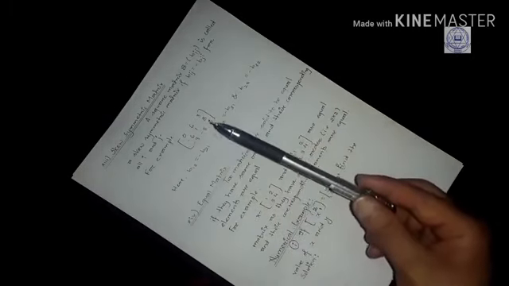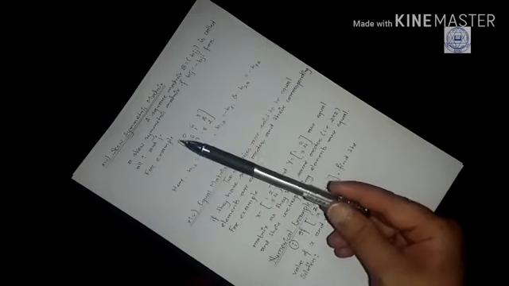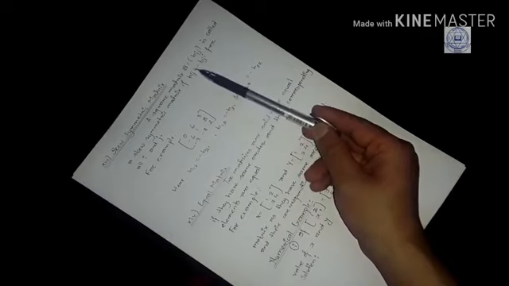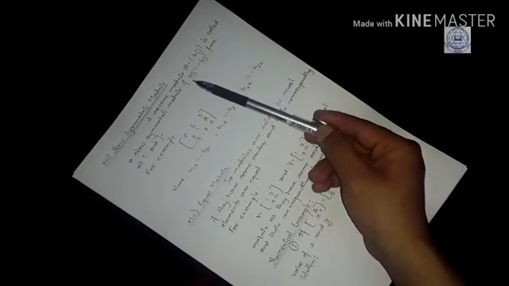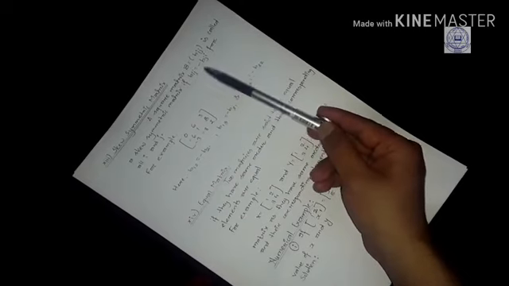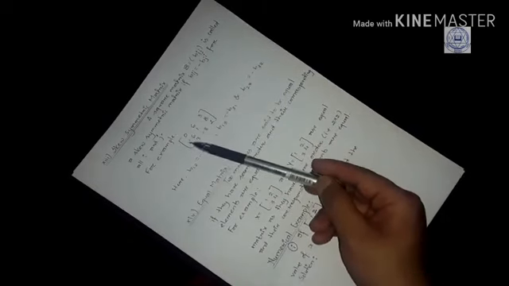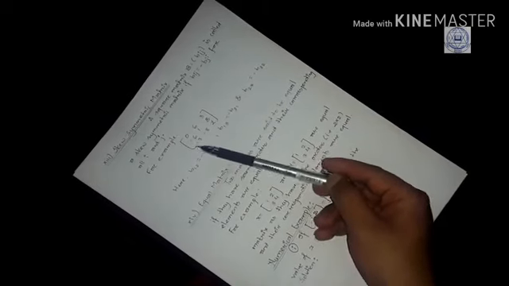The condition is the negative of the symmetric matrix, where in a symmetric matrix there was bij equal to bji, but here in a skew symmetric matrix it is bij equal to minus bji. You will get clarified with the example. See here, this is the example.